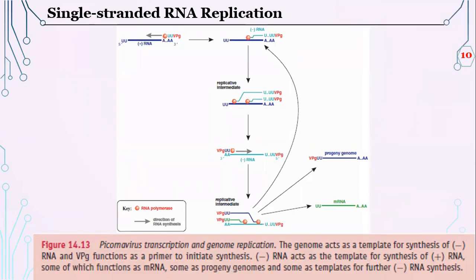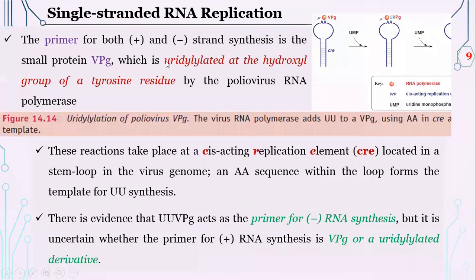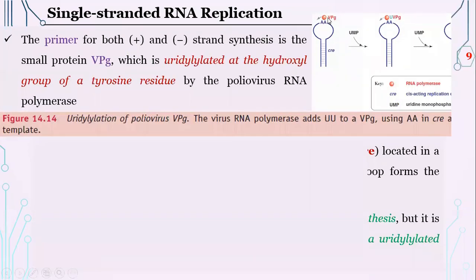Sorry. So this is a positive sense RNA. Now the polymerase will bind at the 3' end, but it will require a primer. In this very case, the primer is not an RNA. It will be viral genome linked protein. It will be a protein. So we described earlier from this slide how the VPg will be used as a primer.